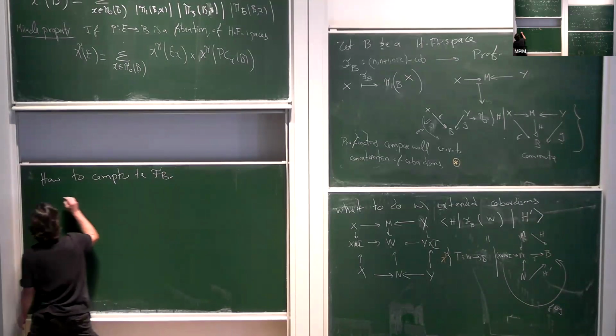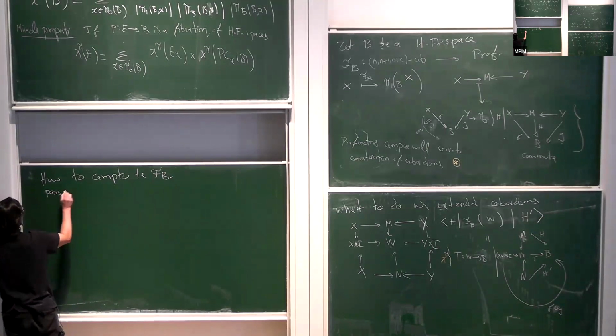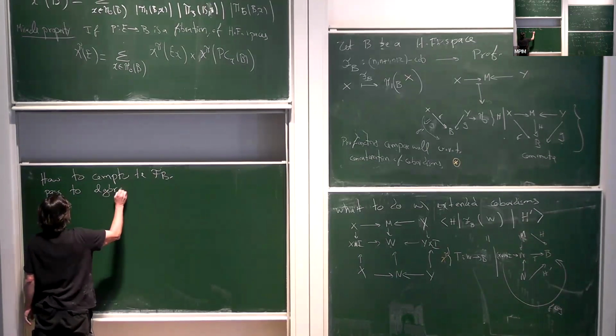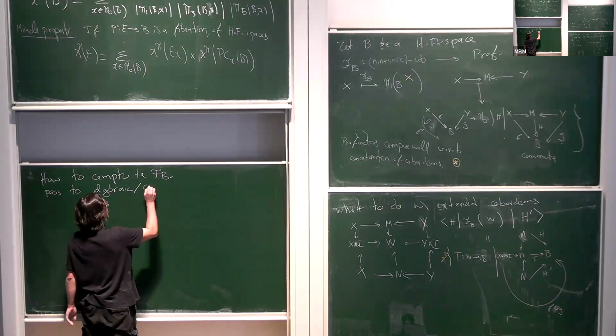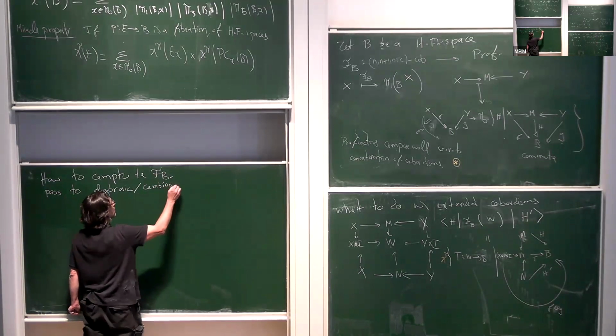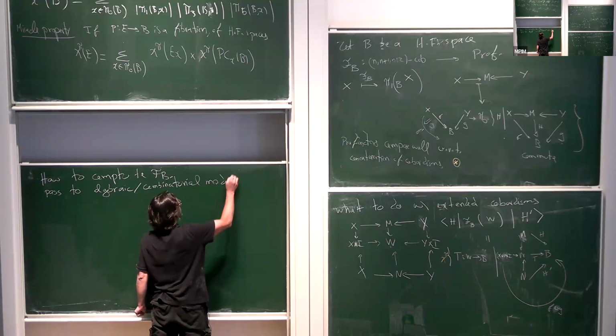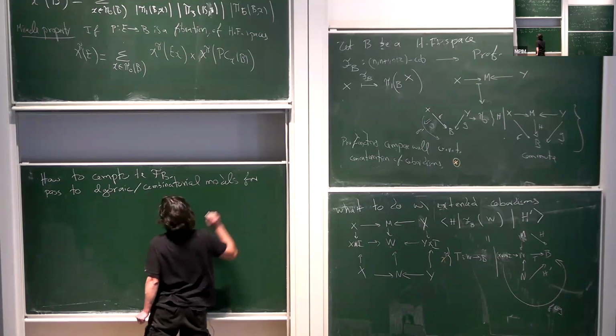So the idea is to pass to algebraic, combinatorial models for homotopy.